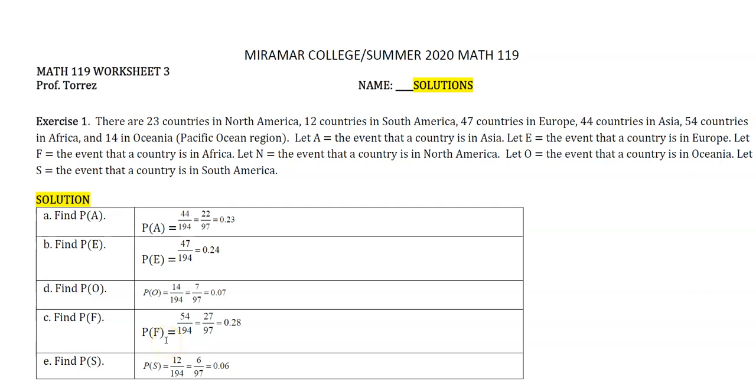In worksheet 3, we're going to work through a number of mostly empirical probabilities where we define an experiment which gives rise to the sample space of outcomes of the experiment, and then by counting and taking ratios or relative frequencies, we can calculate probabilities in this form.